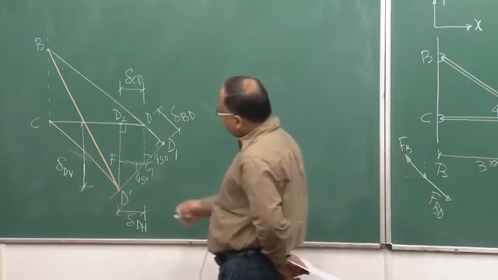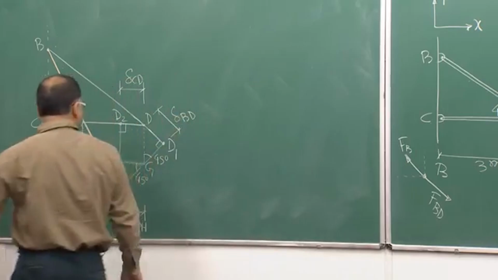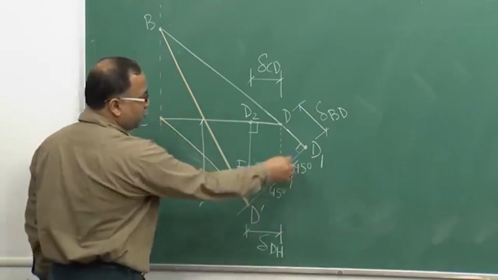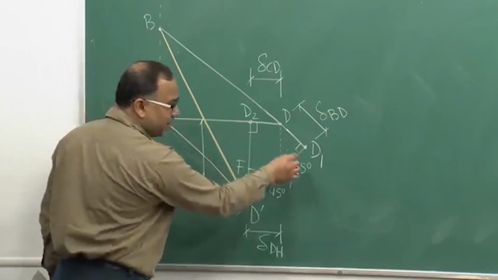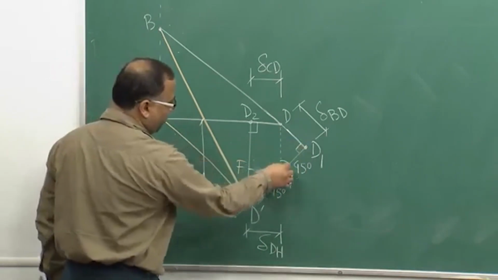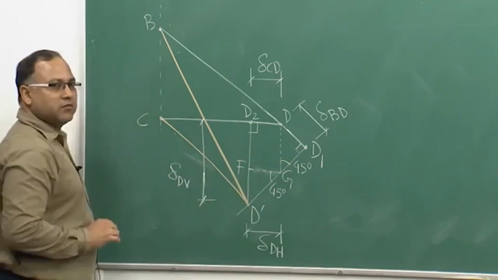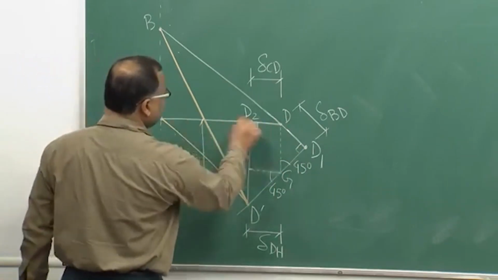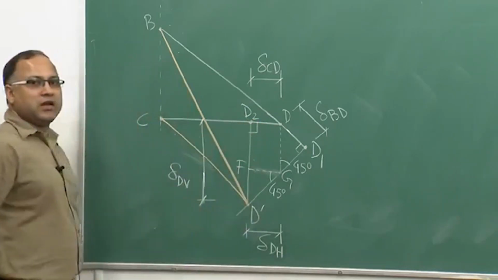Now, how to get this D prime point? From this point D1 we are drawing one normal to line BD, or the BD1 rather, we are dropping one normal to this. That line is coming like this, okay. And from point D2 on CD we are dropping another perpendicular line.